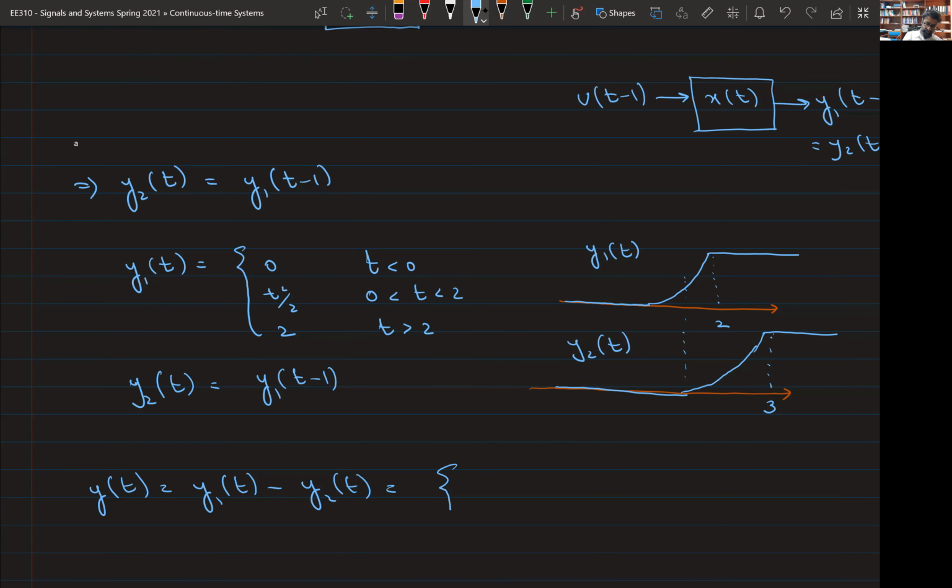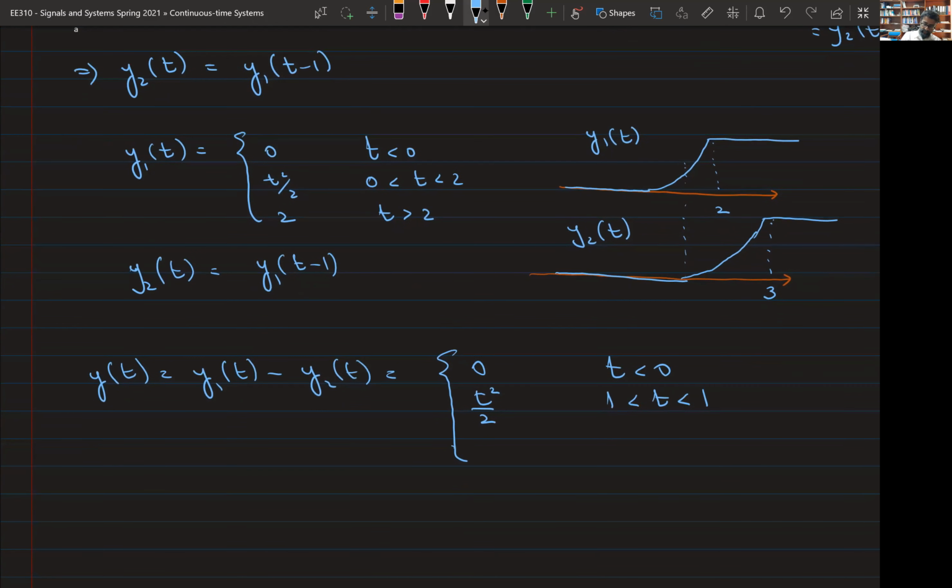This is a piecewise function which is equal to 0 for t less than 0, t squared by 2 for 0 less than t less than 1, and equal to t squared by 2 minus (t minus 1) whole squared by 2 for 1 less than t less than 2.